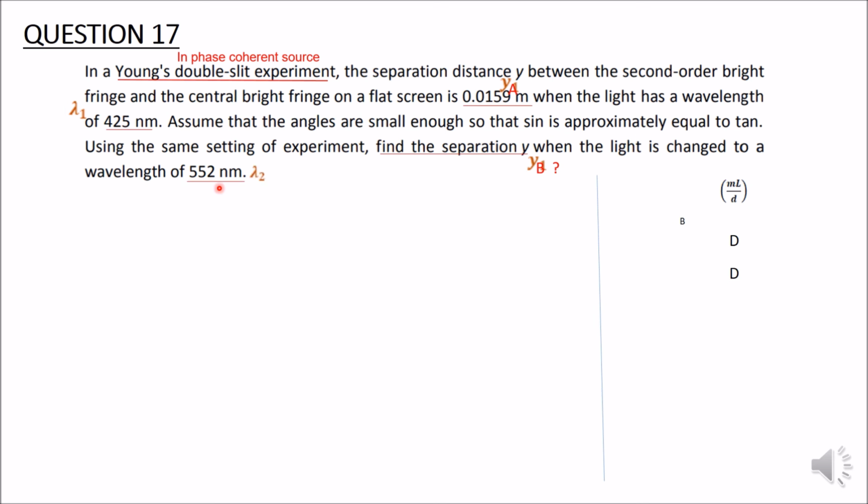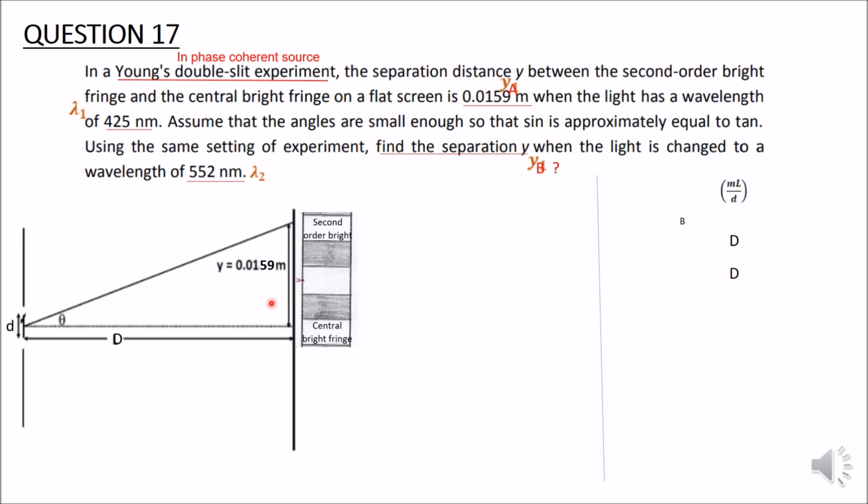First, we must sketch like this. This is the central bright fringe and this is the second order bright. So the distance between these two is y_A, 0.0159 meter. For the separation y_B, we must use this formula, y equal to m lambda D over d.